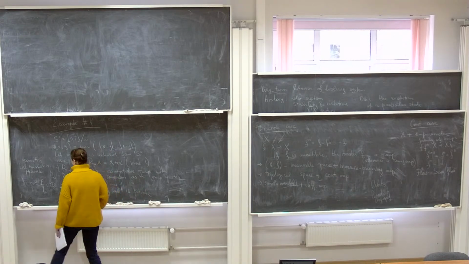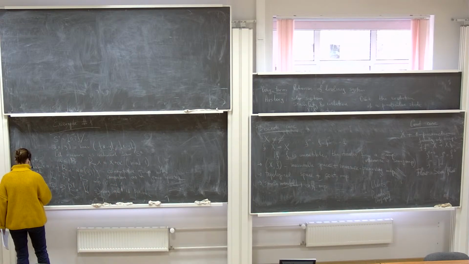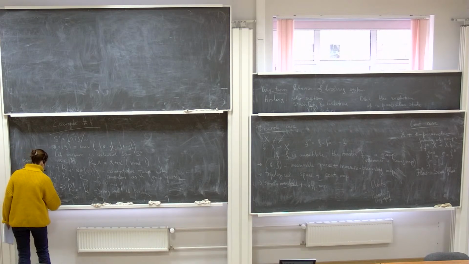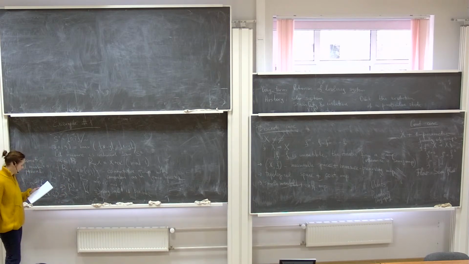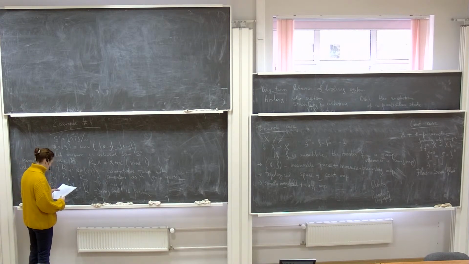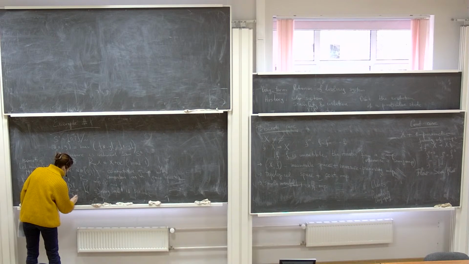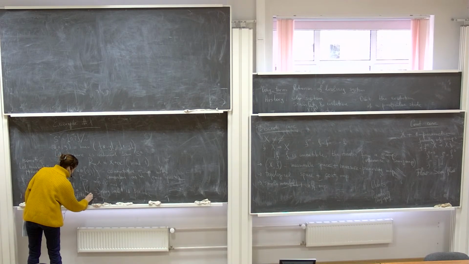And then if we take an irrational number, we also know everything about its dynamical properties, because we know that our system is minimal.